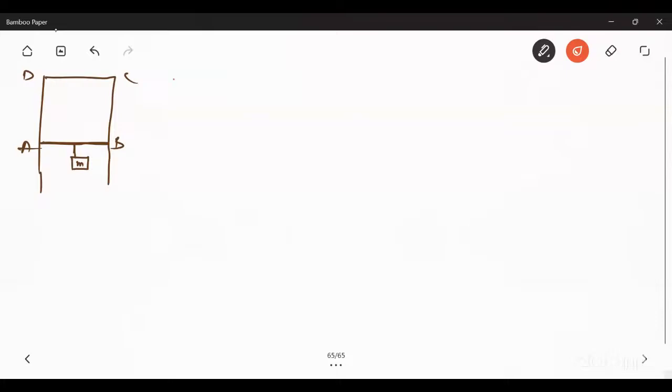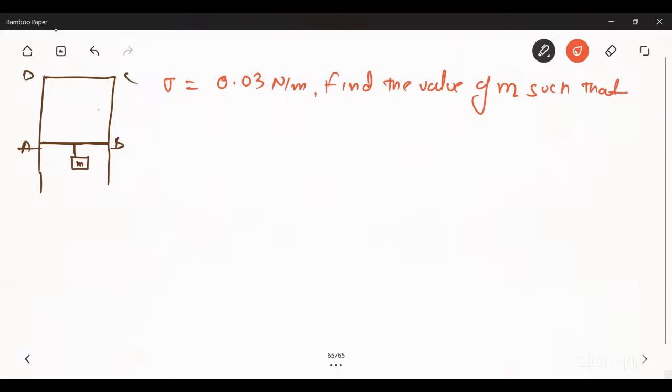We have given the surface tension of the soap solution as 0.03 Newton per meter. Find the value of M such that the sliding rod remains in equilibrium.